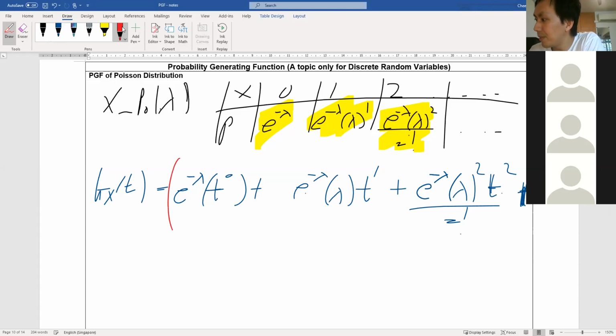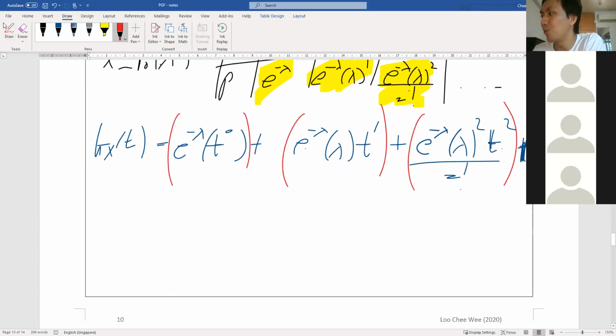So this term, and this term. You will see that these terms do not follow an AP or GP at all. Even though I can factorize out e to the power of negative lambda, and all the t's seem to follow a GP, there is a lurking coefficient of this thing, and 2 factorial, and then the next one will be 3 factorial, and so on and so forth, which cannot be accounted for by a standard GP.